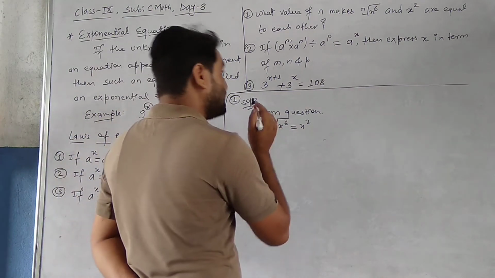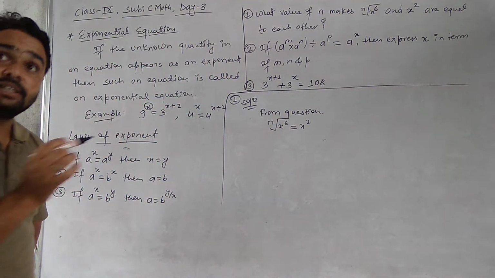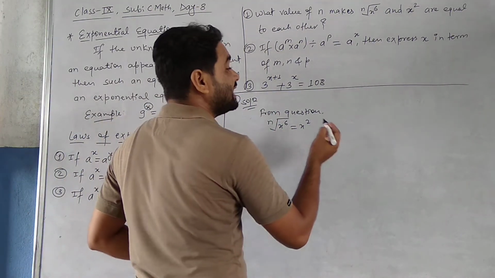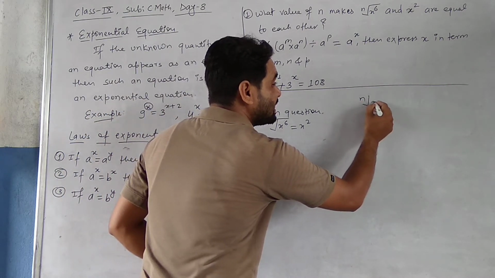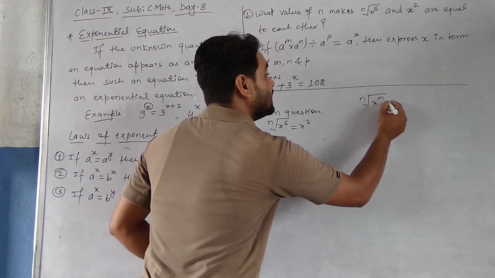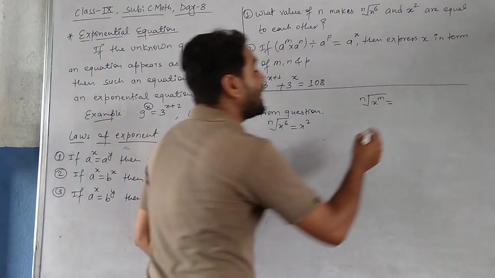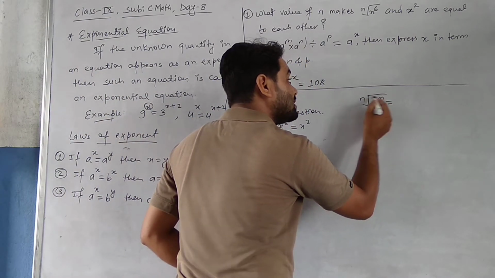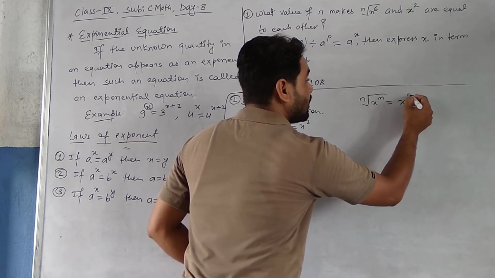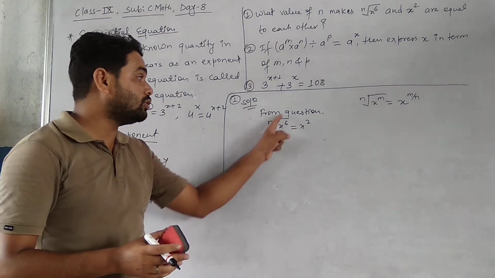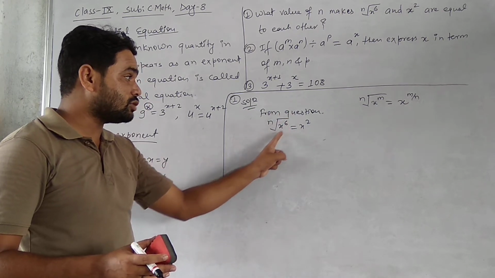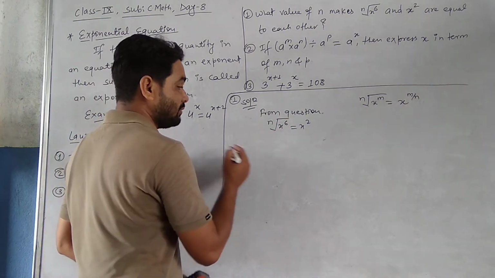And here we are also using the indices law. If the nth root of x power m is there, then in indices we write it like this: the order divides the power, x power m upon n. That means we are going to apply the indices law here.